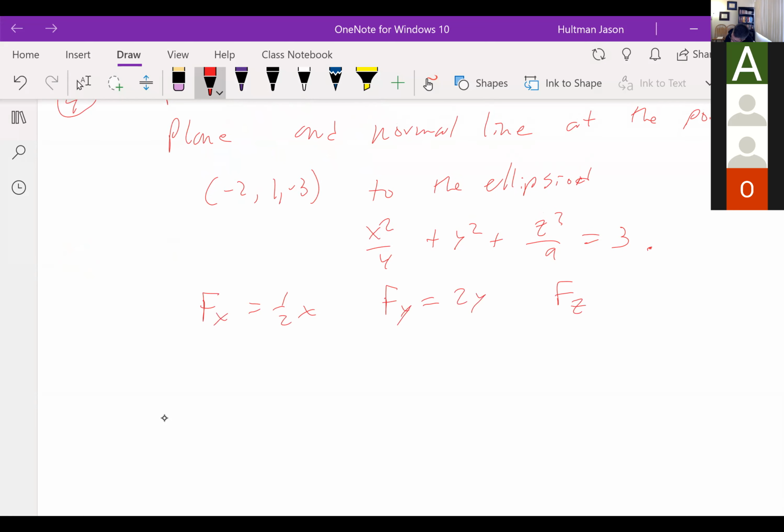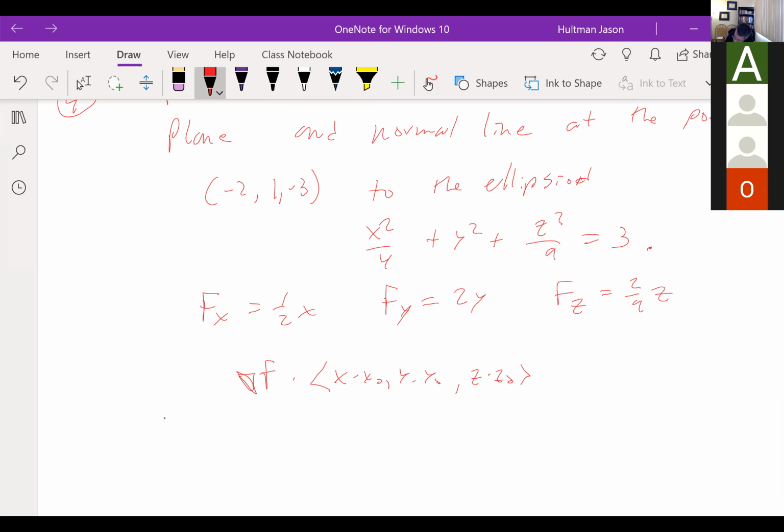Well, it's going to be 2/9 z. So we know that this is going to be del f dotted with x minus x naught, y minus y naught, z minus z naught.